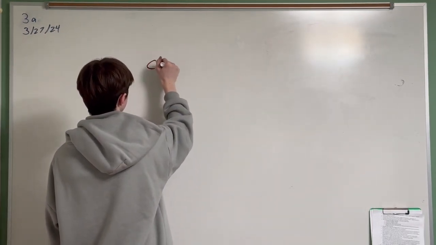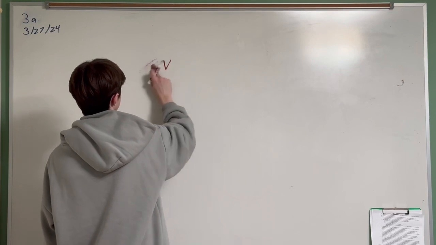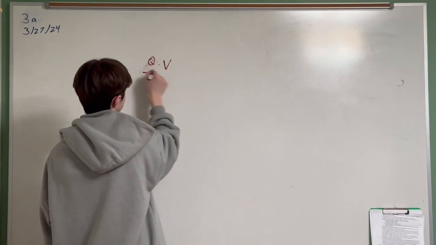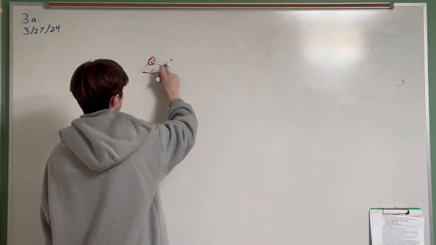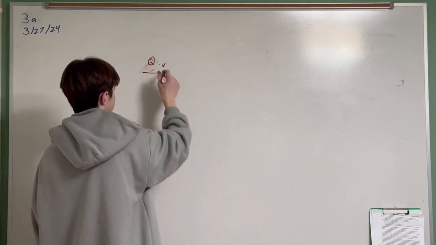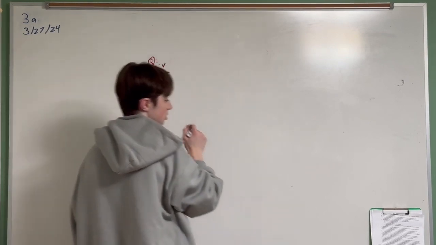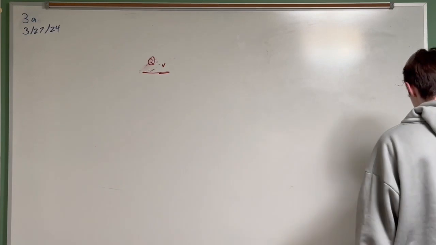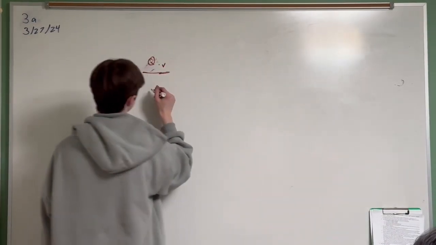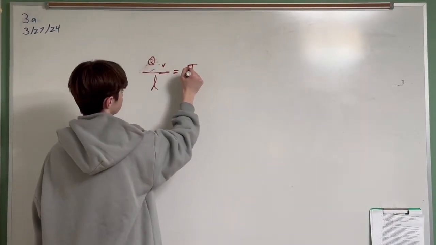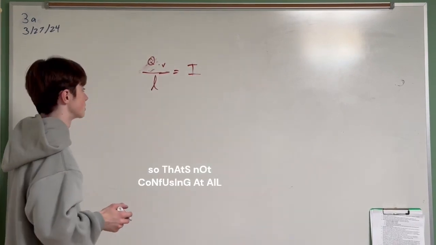We had charge times velocity, where charge is Q. This is not volts. Usually little v is used for velocity and big V for voltage. Charge times velocity over length is equal to current.